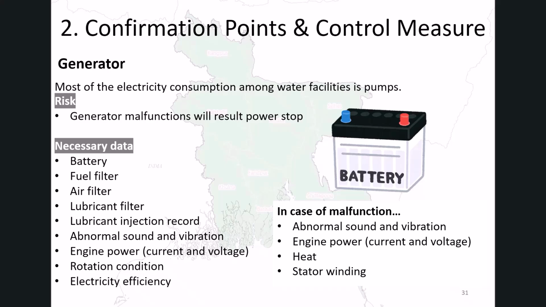For routine maintenance, it is necessary to monitor the condition of the battery, fuel filter, air filter, lubricant injection records, abnormal noise and vibration, engine power current and voltage, rotation condition, and electricity efficiency. In the event of a failure, particular attention should be given to vibration, current and voltage, temperature, and the condition of the stator winding.